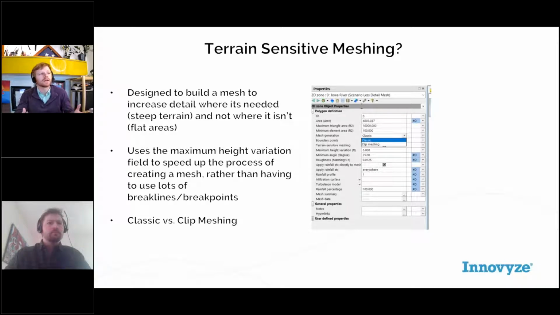So especially in very large models, it can be much faster at building the meshes. In some cases, I know they did some testing and I'm not sure what size the model was, but up to 4 times faster building those meshes.